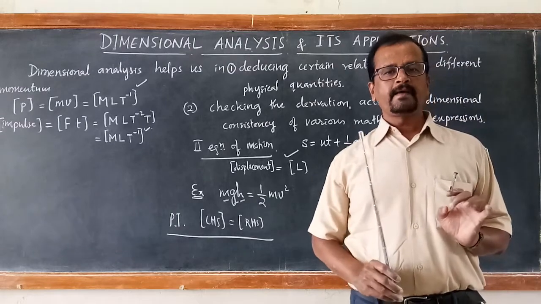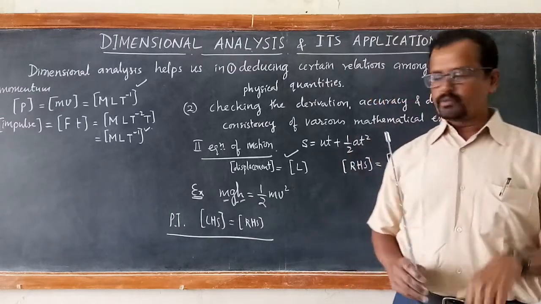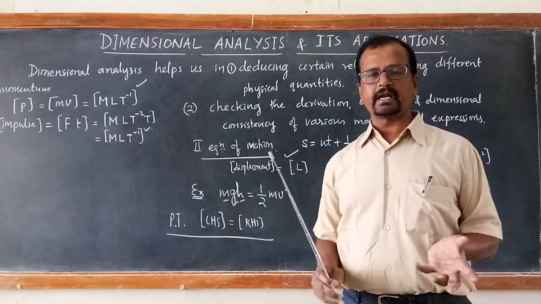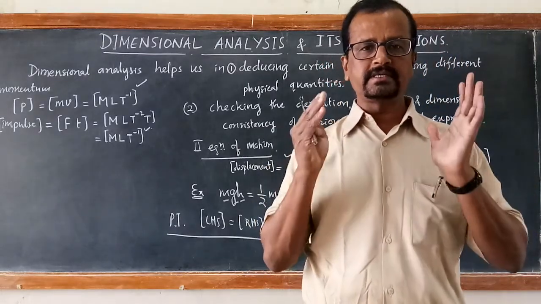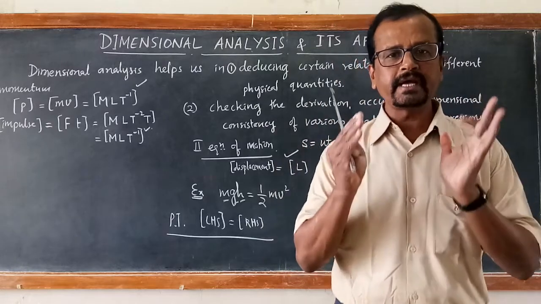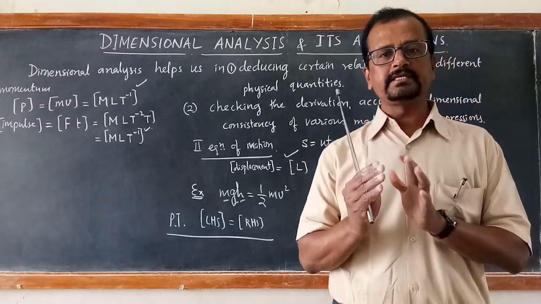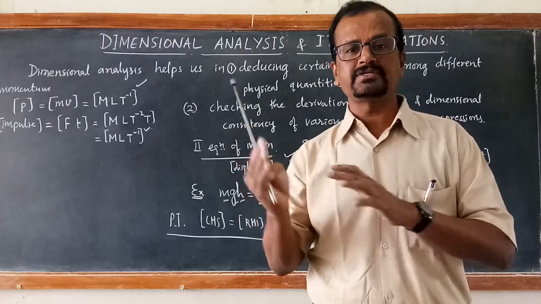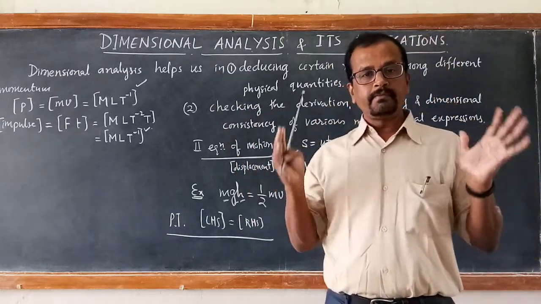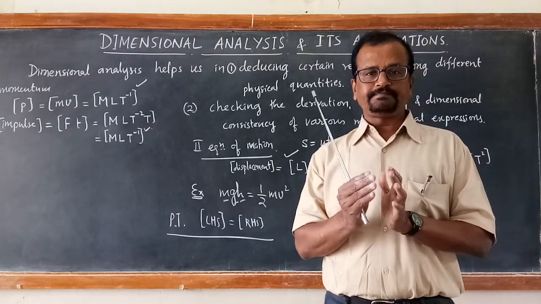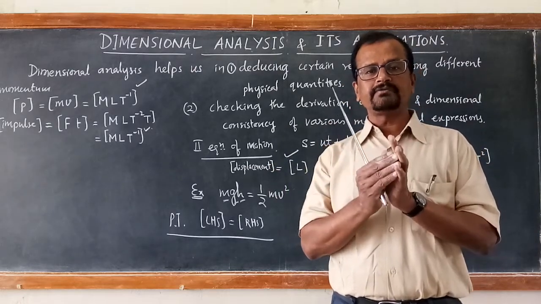That's how we test the consistency of various mathematical expressions. So these are the applications. Now remember, whenever you are adding or subtracting, you can add or subtract physical quantities having the same units, same dimensions. Physical quantities of different units and different dimensions cannot be added or subtracted. Whereas you can multiply physical quantities of different units.